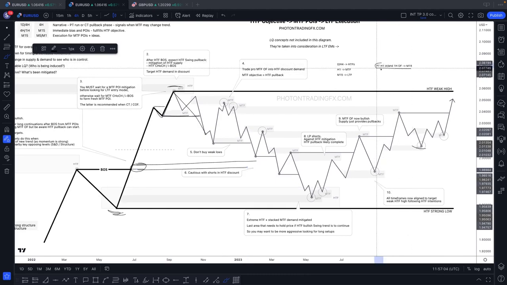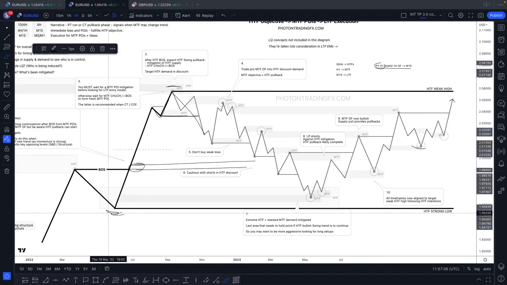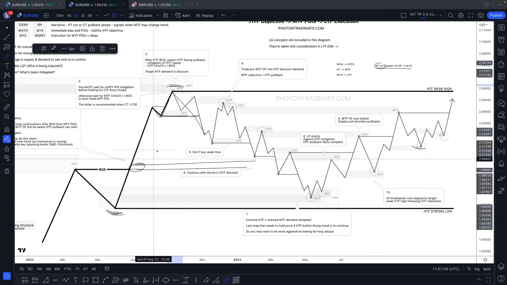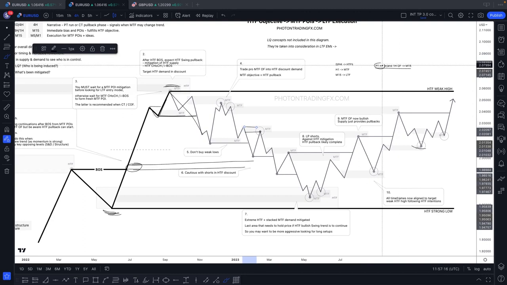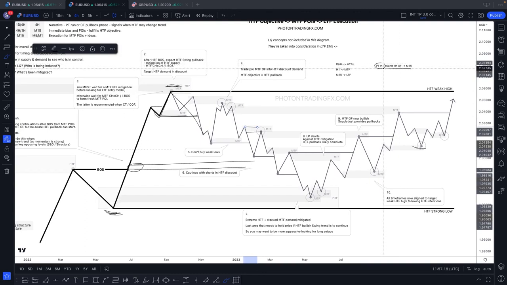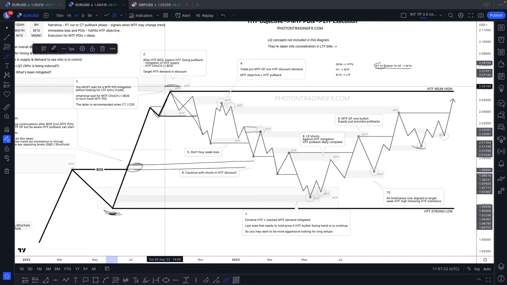PT H1, yes, so I can use it, because it's within the leg, it's pro trend, I'm looking to get involved. Again, I'm looking to sell from this POI. Let me see, PT H1, no, it isn't, because I'm looking for sells and the structure on H1 is bullish.